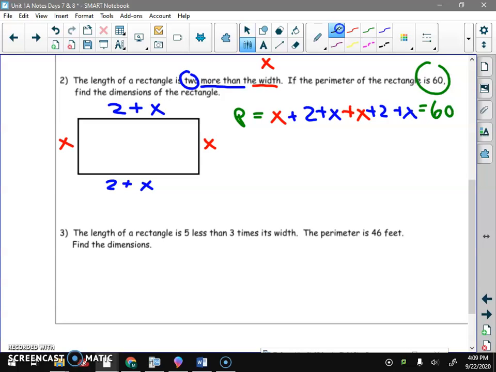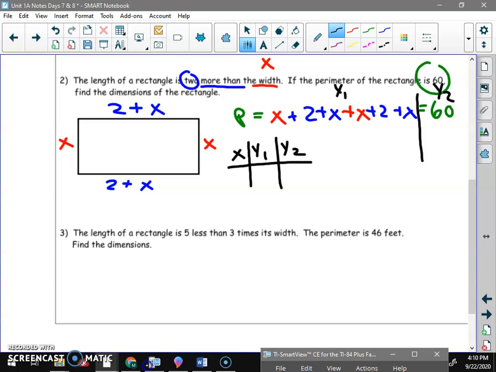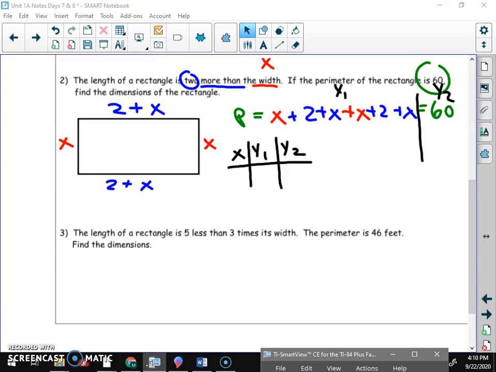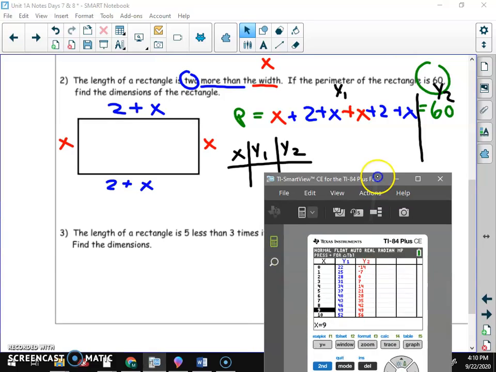We've set it up. We've done all our pencil work. Now we can use our calculator. There's our Great Wall of Algebra. There's our x, y1, y2. Let's set it up. Go to our calculator. Let's pull this up here.